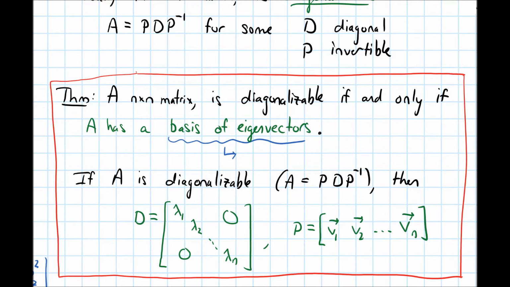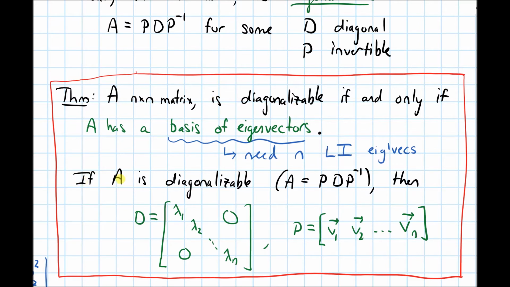What it takes for my matrix to have a basis of eigenvectors is, because A is n by n, we would need n linearly independent eigenvectors. So if we go about our method of finding the eigenvectors, and we are able to get n linearly independent ones, it turns out that our matrix A is diagonalizable.